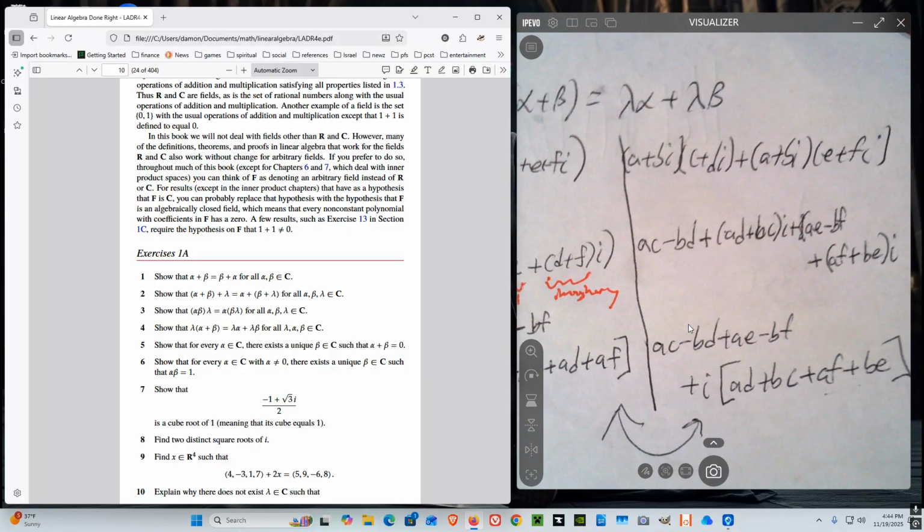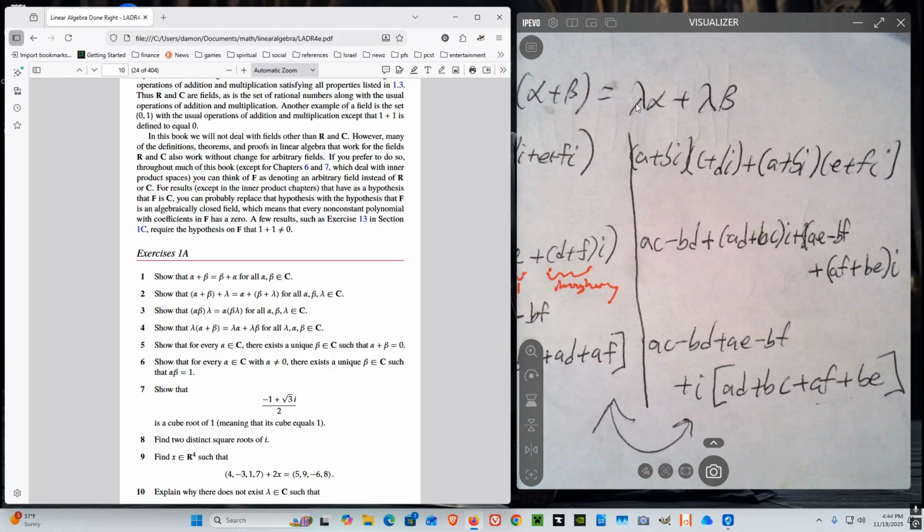On the other side, I wrote out the same, the lambda a plus bi, alpha c plus di. And I used multiplication for complex numbers for each of these two items. That's how I got this.